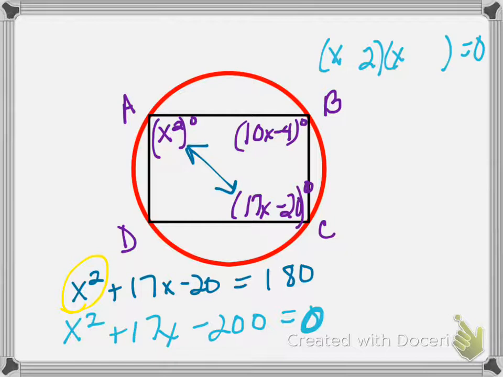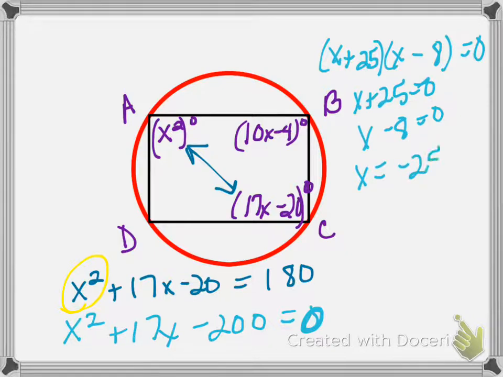So I think 25 and 8. That gives me 17. I need a positive 17, so my 25 will be plus and my 8 will be negative. So my final answer is x plus 25 equals 0, x minus 8 equals 0. So x equals negative 25 or x equals 8.